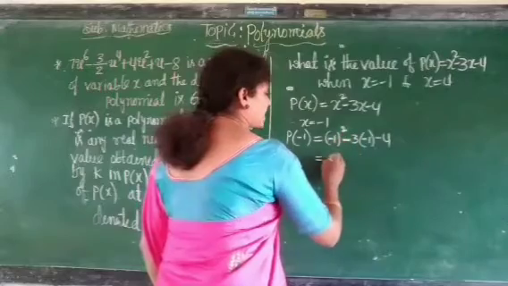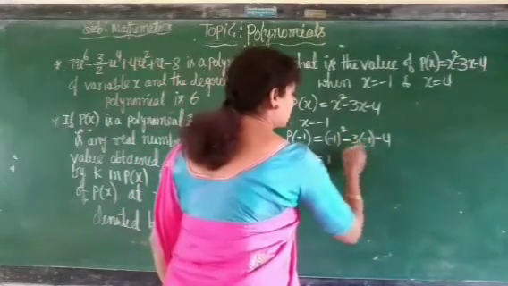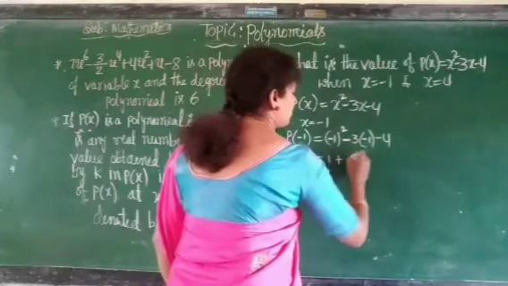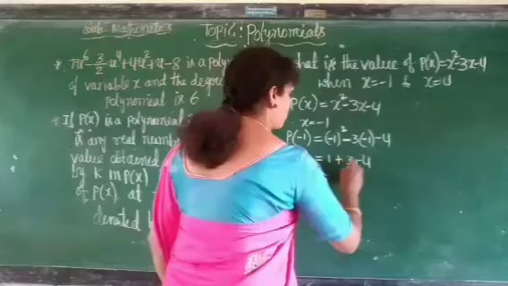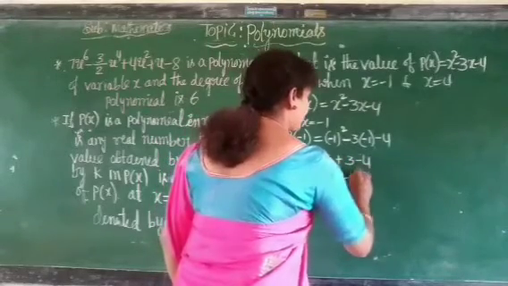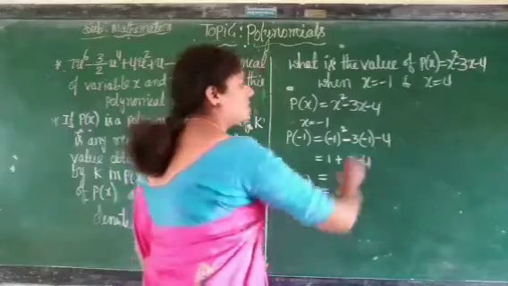Minus into minus, 1 into 1 means 1. Minus into minus plus, 3 ones are 3, minus 4 is equal to 4 plus 4 minus 4 is equal to 0. P of minus 1 is equal to 0.